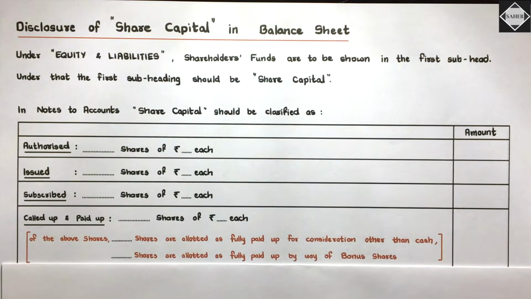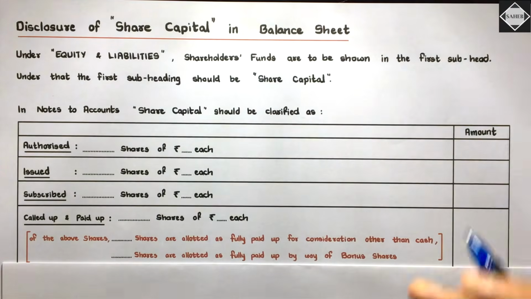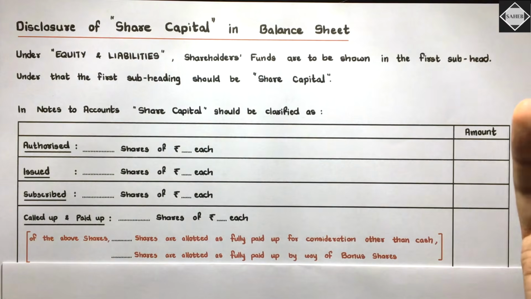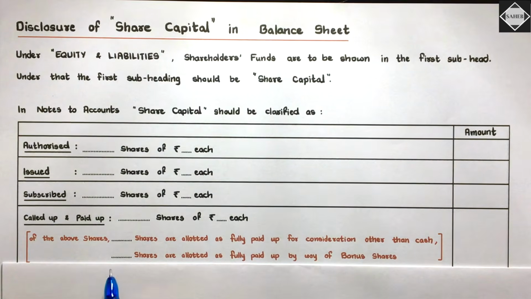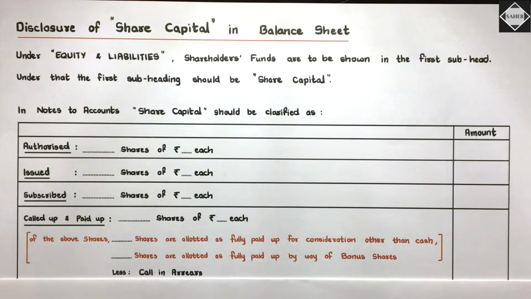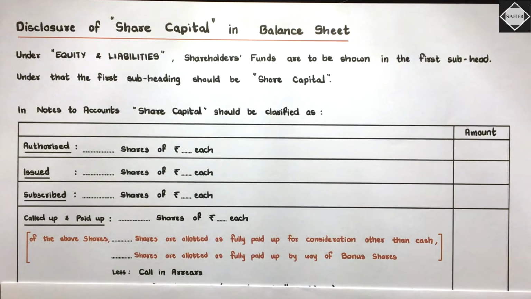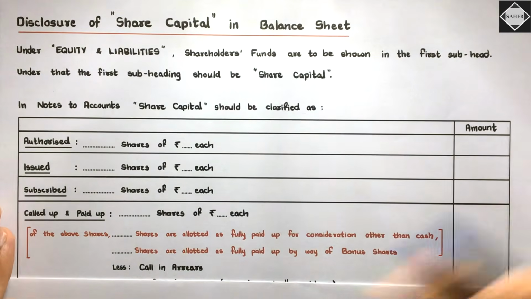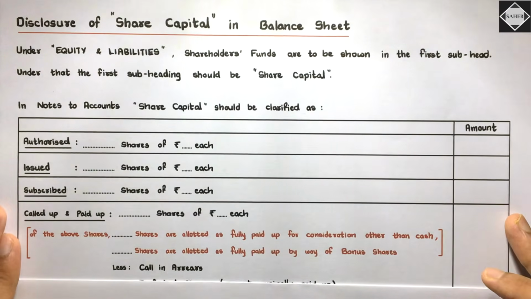And then the same way I told you about bonus issue also, that free shares can be given to existing shareholders. So how many free shares are given, that also you have to disclose over here. So and so shares are allotted as fully paid up by way of bonus. Is it clear? Okay, understood. Then after this, what if there are any call scenarios? We'll study what are call scenarios in the coming videos, don't worry, right? Which means whatever money has not been received from the shareholders, that's called calls in arrears.